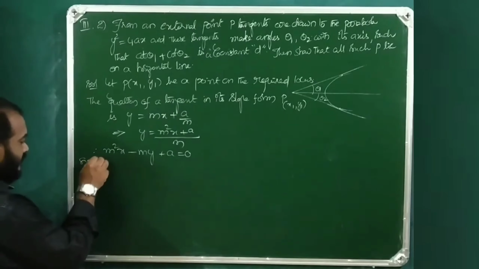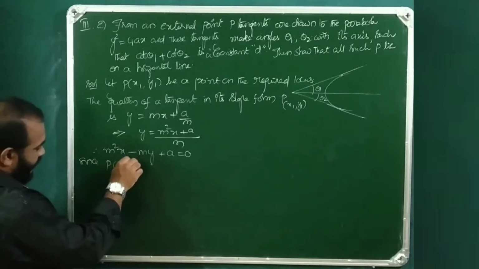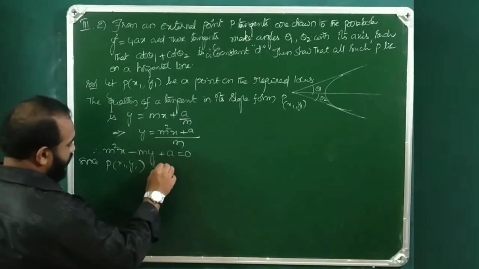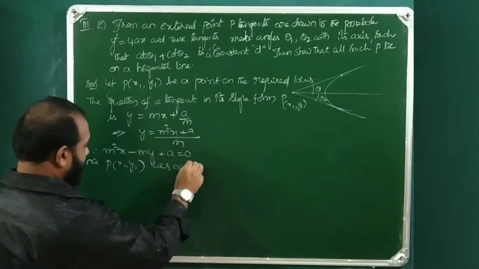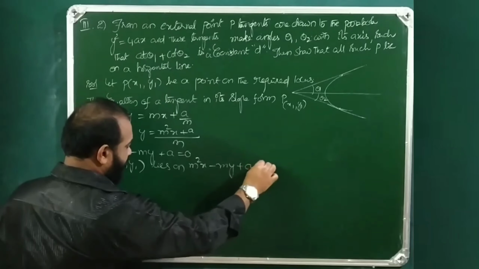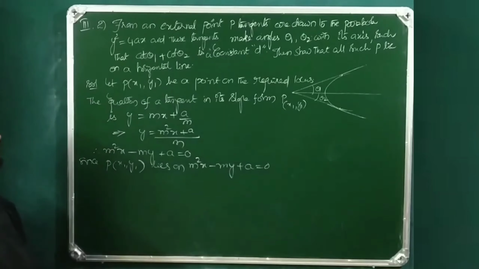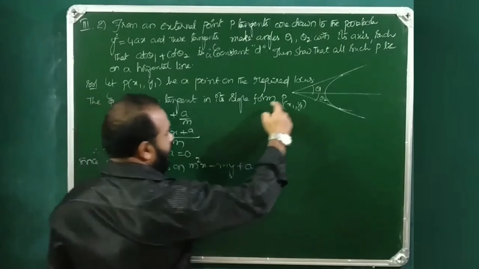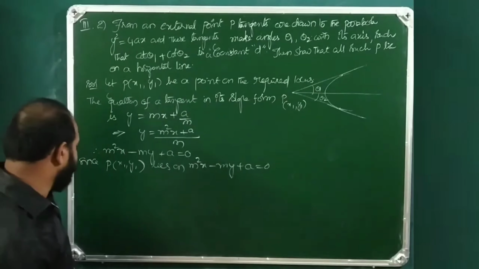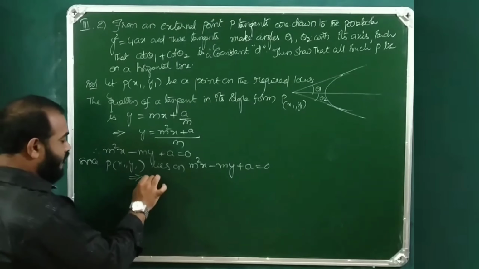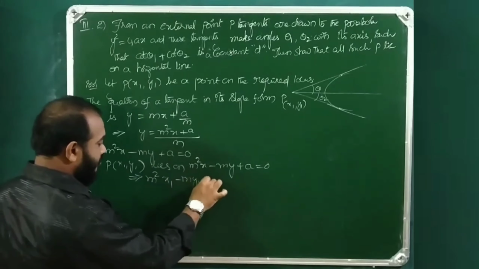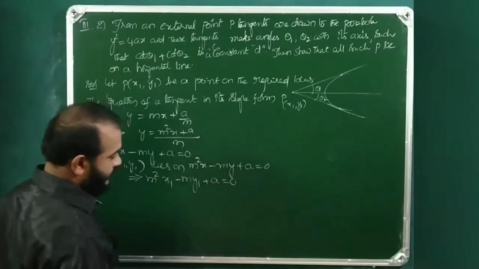Since P (x1, y1) lies on m square x minus my + a = 0, these are the tangents, and P lies on the tangent. This implies m square x1 minus m y1 + a = 0.